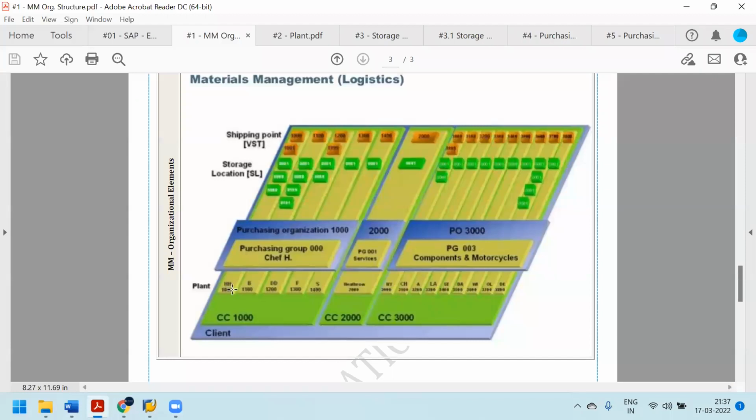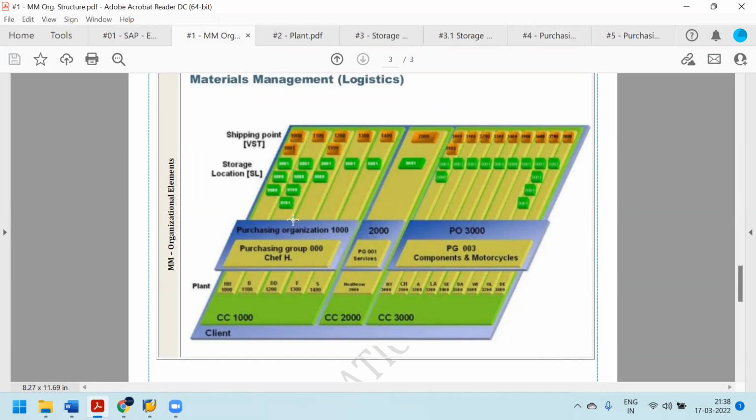Let's say this is a Jamshedpur plant, then a Pune plant, then Dharwad, Sanand, and some other places. Within the plant, there are places where raw materials, components, and finished products are stored. Such places within the plant are called storage locations in SAP.